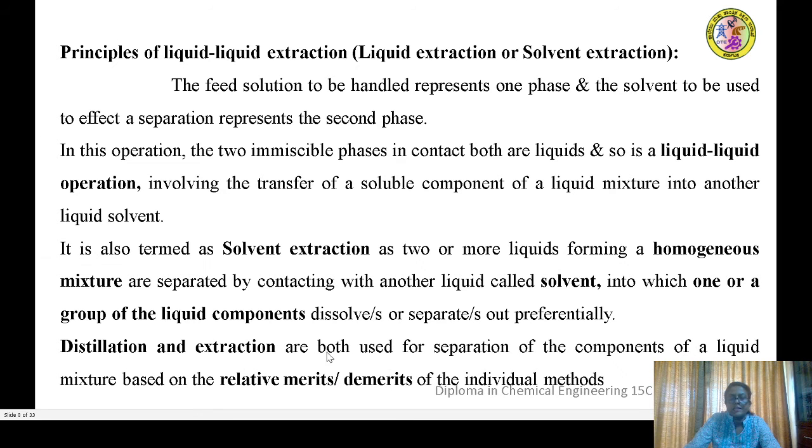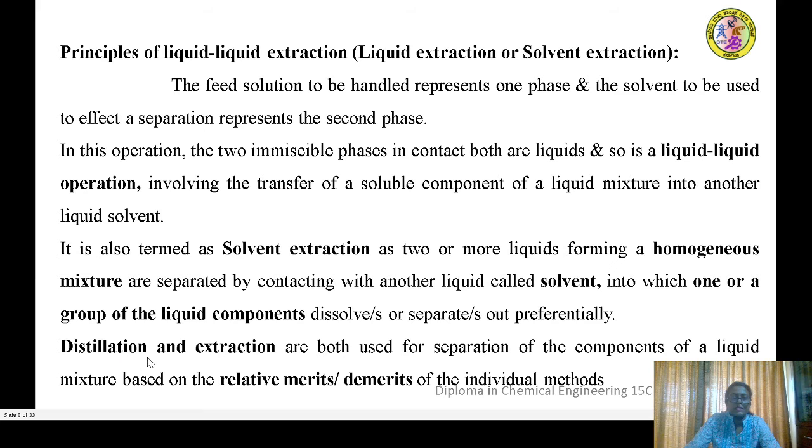Distillation and extraction are both used for separation of the components of a liquid mixture, based on the relative merits and demerits of the individual methods. Whenever you are given a liquid mixture to separate into components, there are two options for you: one is distillation, the other is extraction. As I already told you in the previous slide, distillation is always the primary choice and extraction is always a secondary choice.